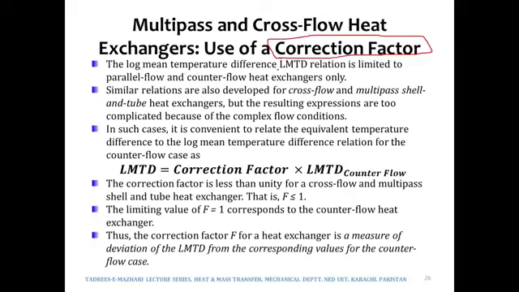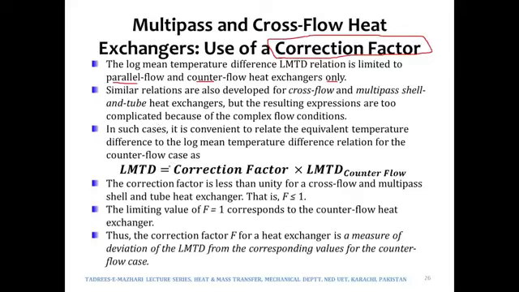So the log mean temperature difference, which we had discussed earlier, is limited to parallel and counter flow heat exchangers only. And there are some relations that are for cross flow and multipass flows as well, but they are too complicated to use at this level.